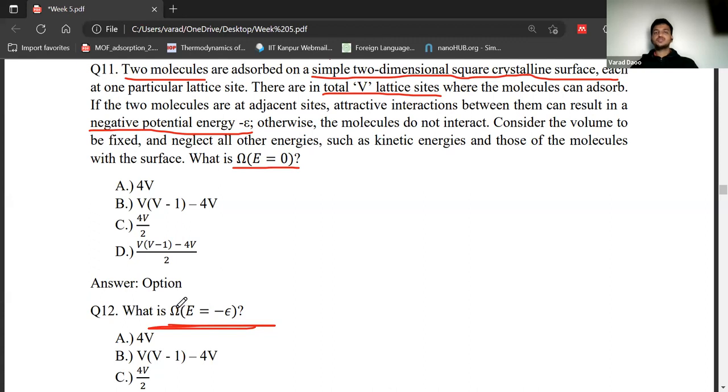Total number of ways of arrangement of molecules such that the total energy is minus epsilon. Right. So I'll give you a couple of minutes for you to solve.